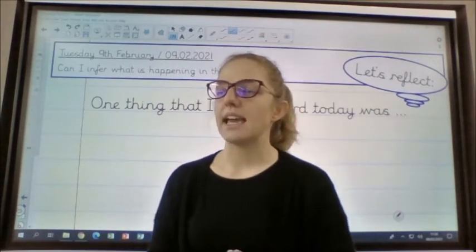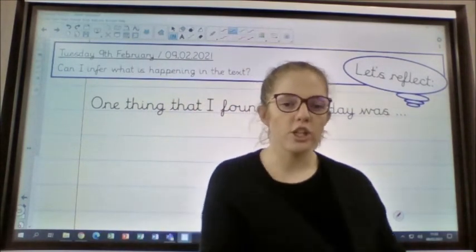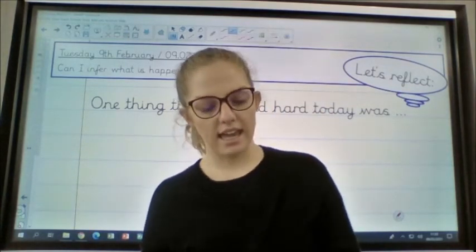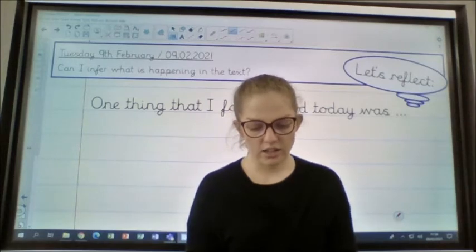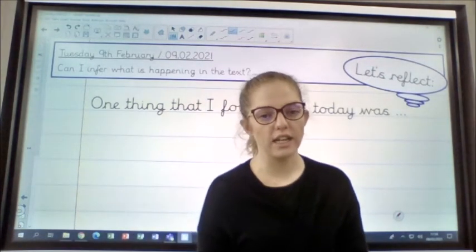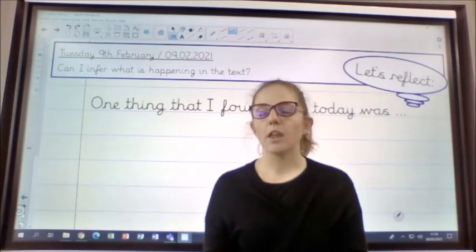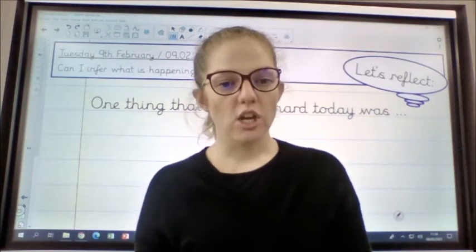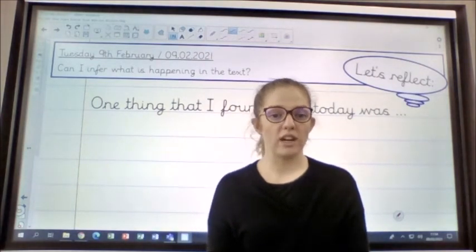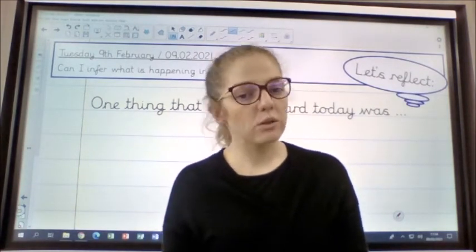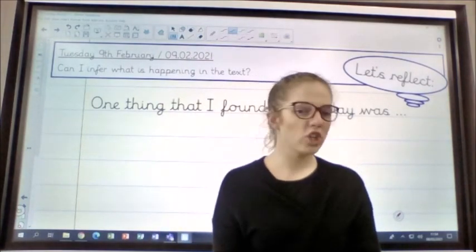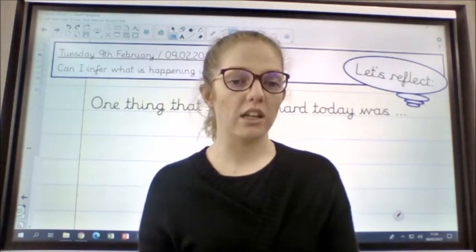I might say I found researching the Loch Ness monster for the challenge was tricky, or I might say I found answering question 5 where I had to look at the way that Morton was writing his email was tricky because I wasn't quite sure what I was looking for that showed he was excited. It might be that you weren't sure about the features of an email, okay?